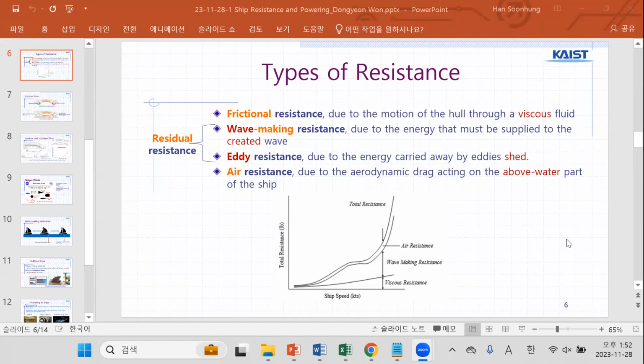About the naming of residual resistance. You see, here you said viscous resistance is frictional resistance. The naming is a little bit complicated.